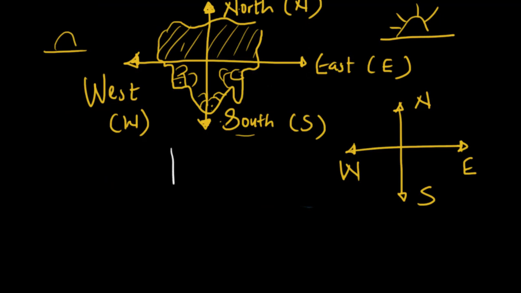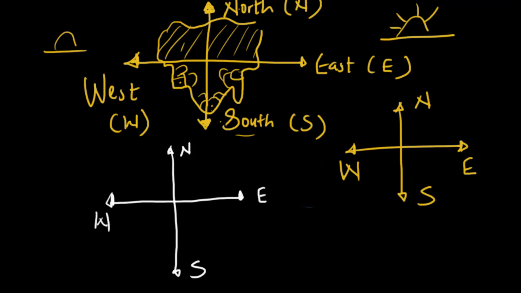Now let me draw the four major directions again. So we have north, we have east, we have south, and then we have west. Now if you see, there's an area between north and east. That area is called the northeast.